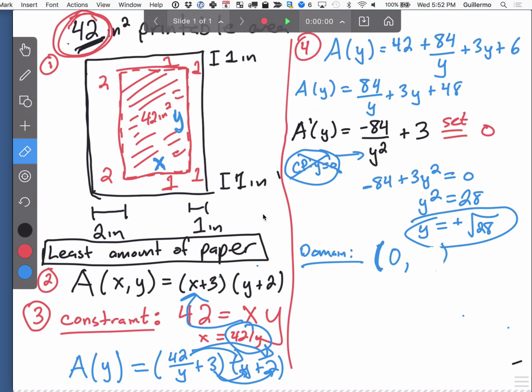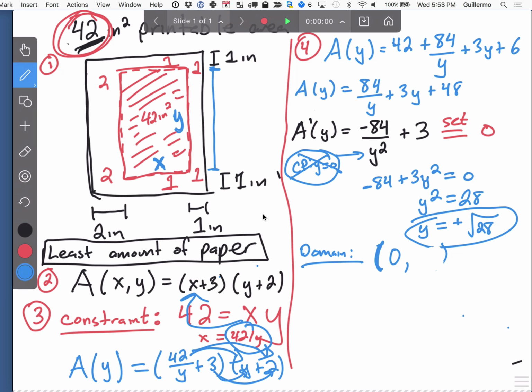So let's go back. We're talking about this right here, right? So y is the largest when x is what?